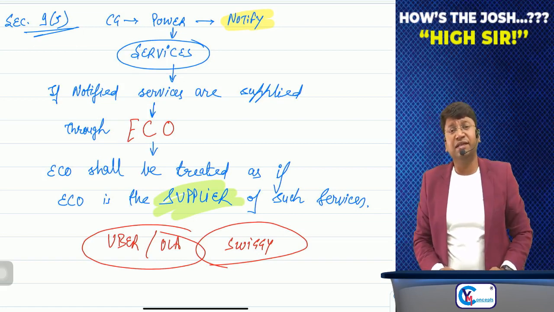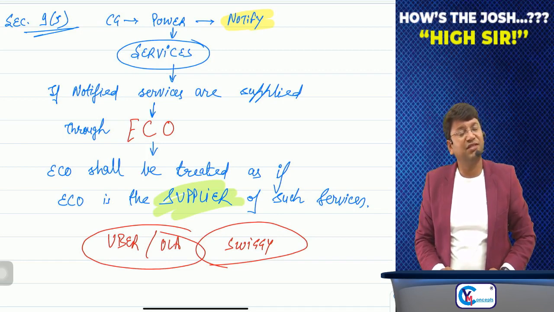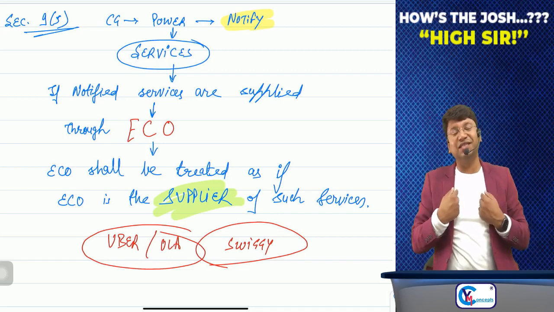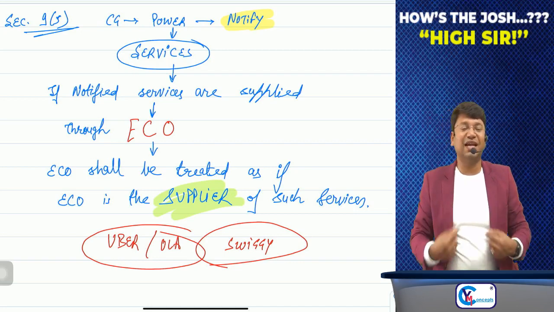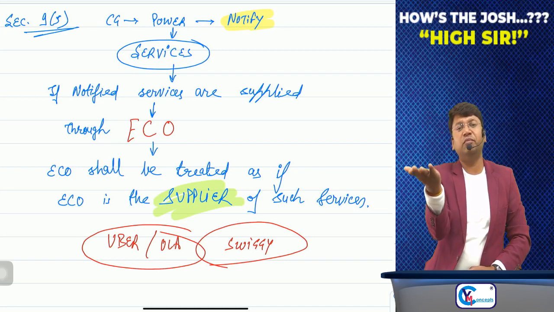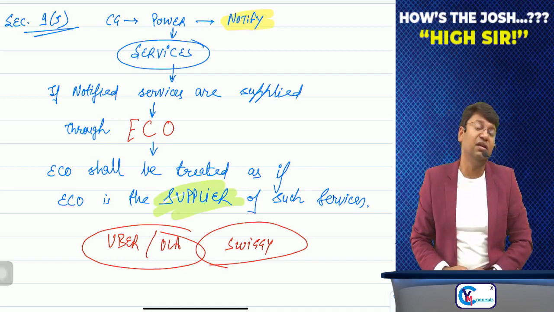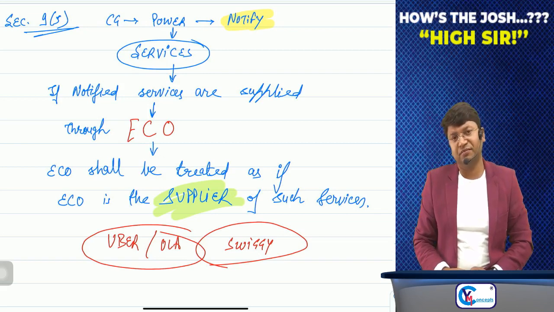You are the recipient of service. Sir, the actual supplier of service is this taxi driver, and you are the actual recipient. Ola is only a platform, a kind of intermediary. It is just an electronic commerce operator.